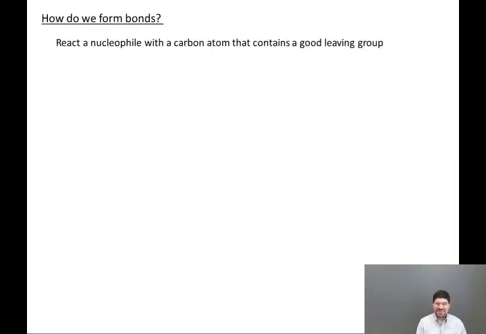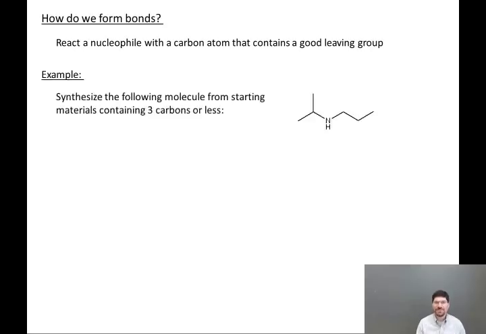Before we could even think about how to solve this problem, we have to think about how we form bonds. Okay, I alluded to this on the first slide that we need the functional groups to help us. But the way we form a bond in general is that we react a nucleophile with a carbon atom that contains a good leaving group.